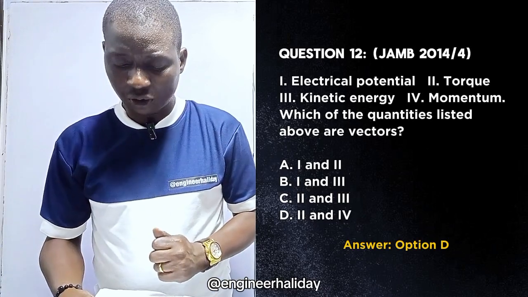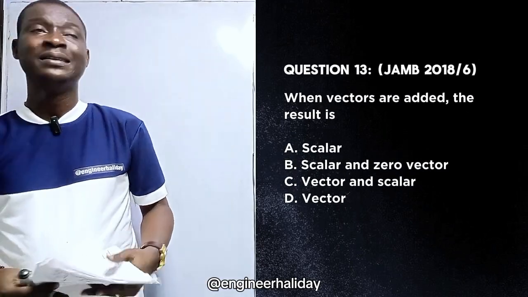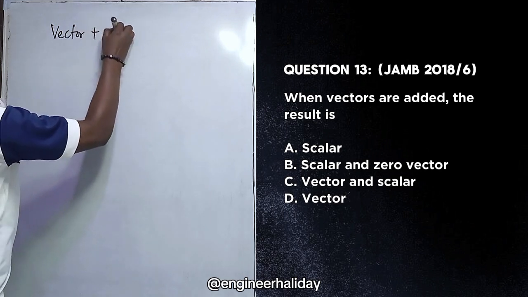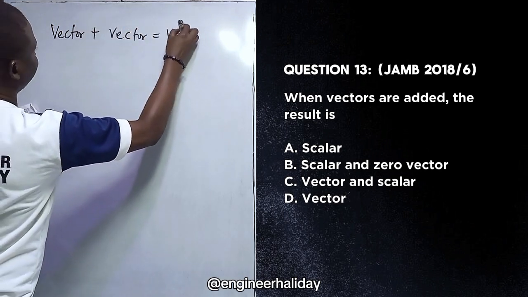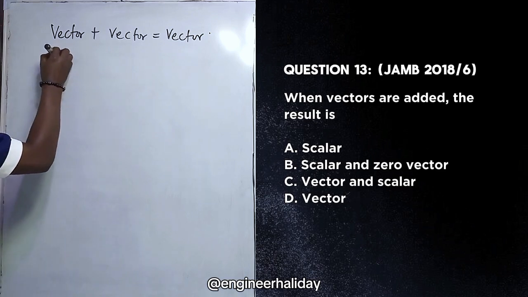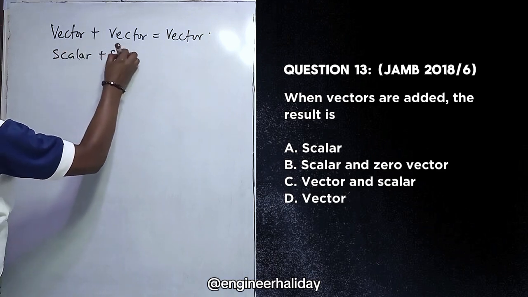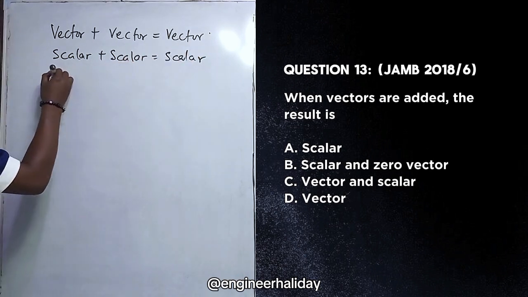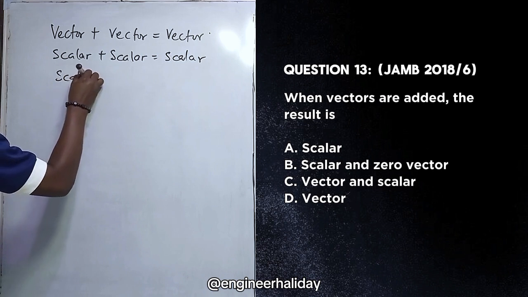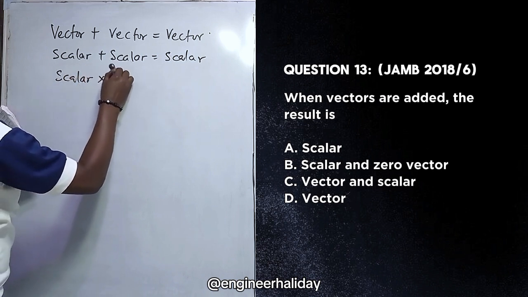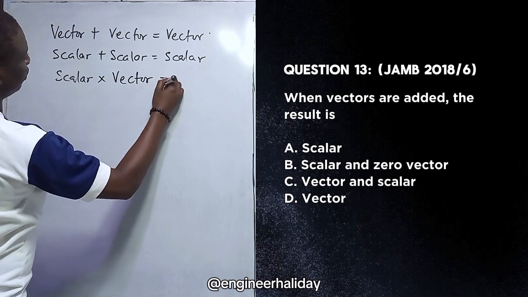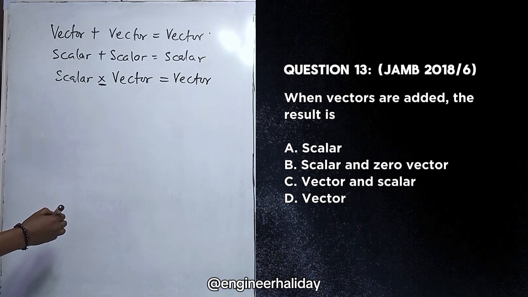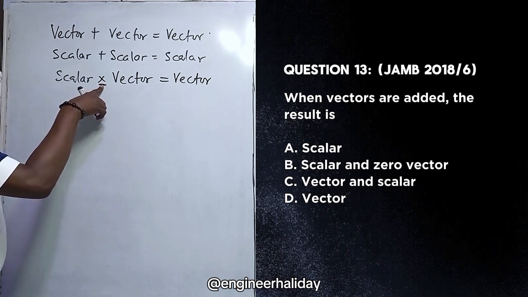That is answer D. Now, number 13 says when vectors are added, vector plus vector will give us a vector. Then scalar plus scalar quantity will give us a scalar. Please take note of that. Then scalar multiplied by vector will give us a vector. Don't forget the multiplication we are talking about here. We have two types of multiplication, the cross product and the dot product.